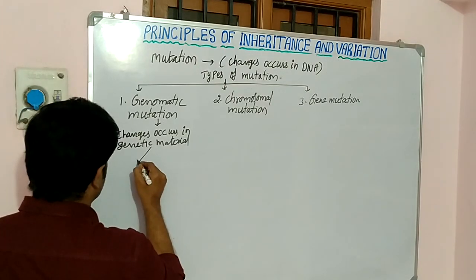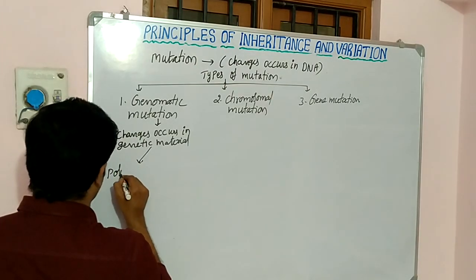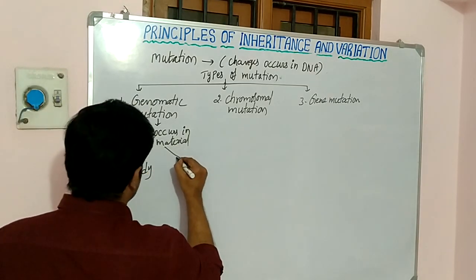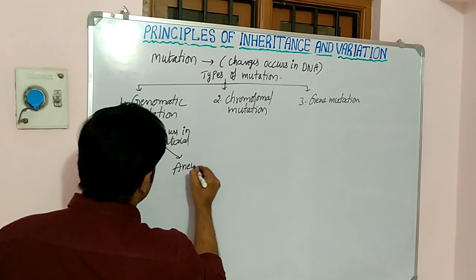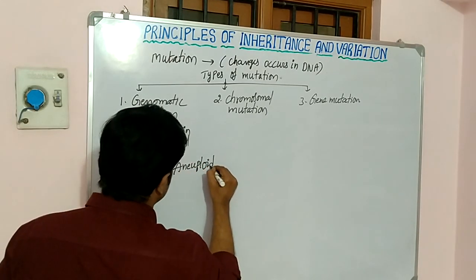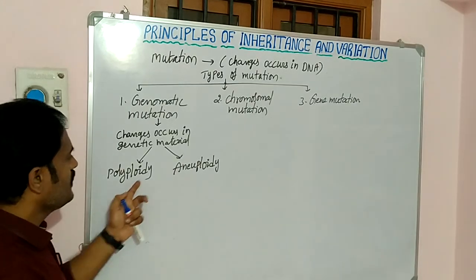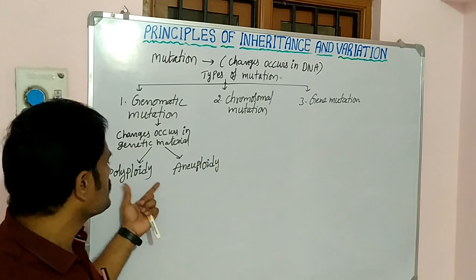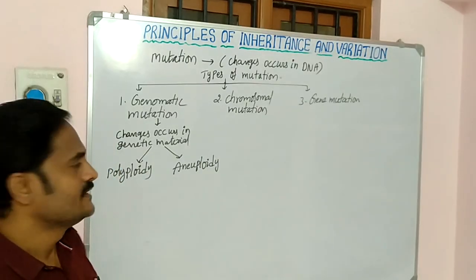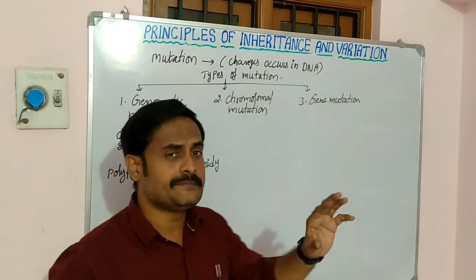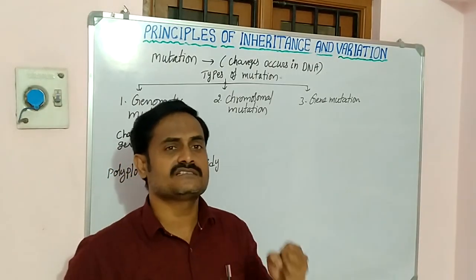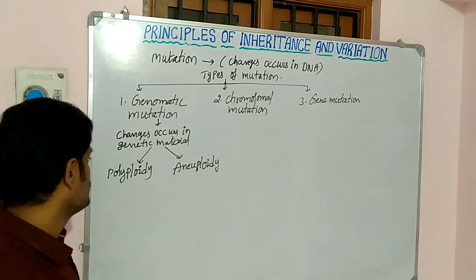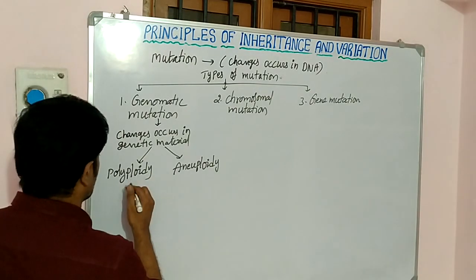Majorly the genomic mutation consists of two types. What are they? One is called polyploidy, which I already discussed, and the second one is called aneuploidy. What about polyploidy?